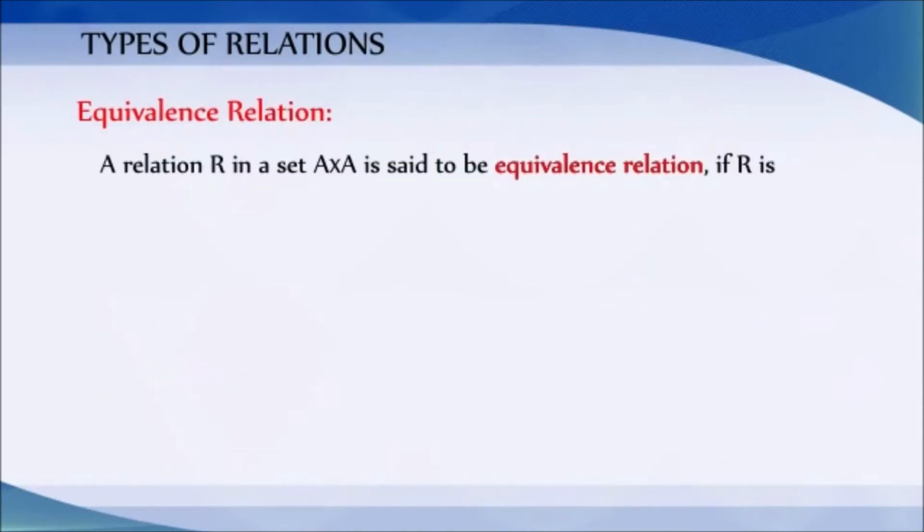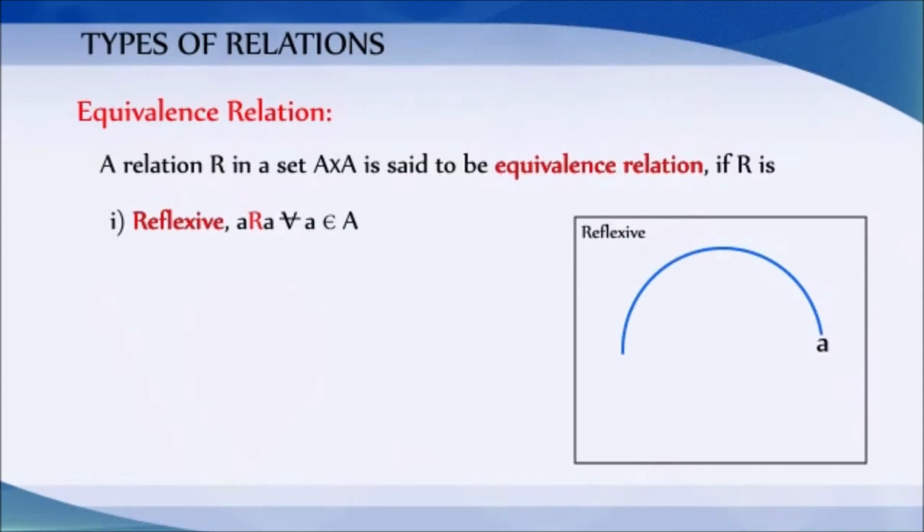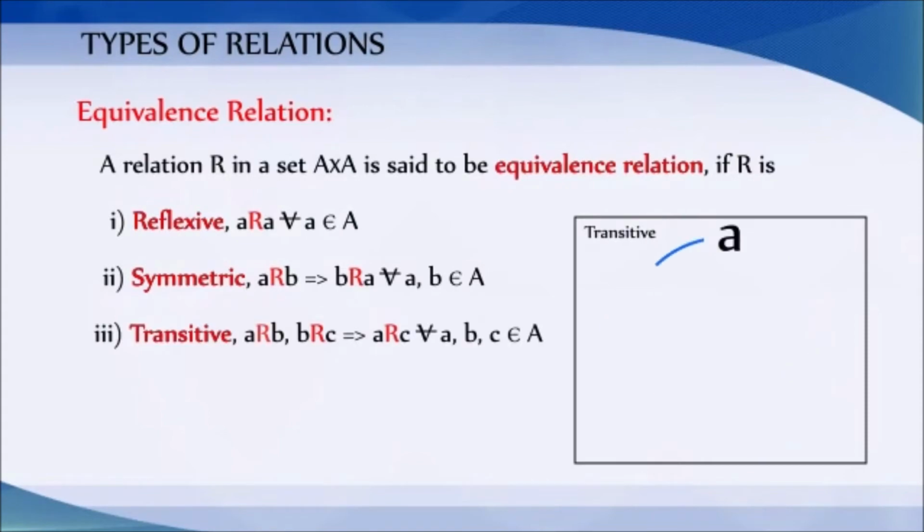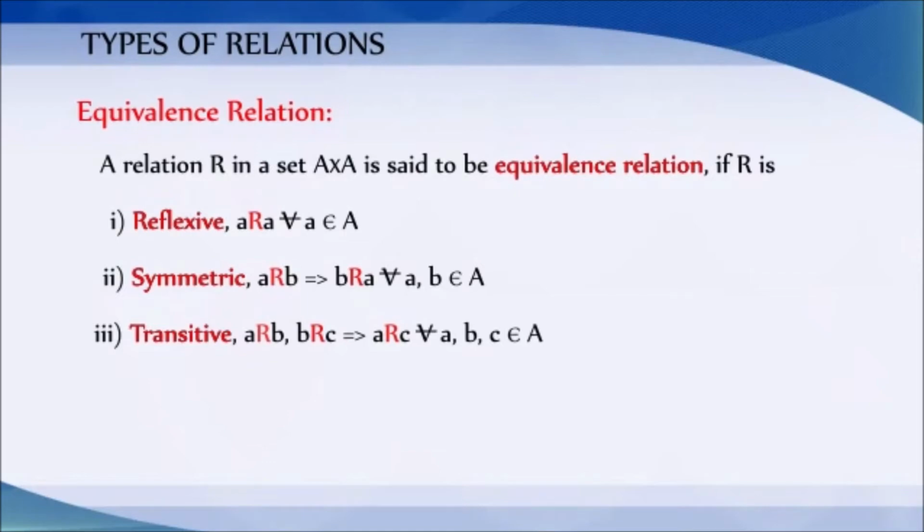A relation R in a set A cross A is said to be equivalence relation if R is reflexive, that is a relates to a for every a belongs to A, symmetric, that is if a relates to b should imply b relates to a for every a, b belongs to A, and transitive, that is a relates to b and b relates to c should imply a relates to c for every a, b, c belongs to A.